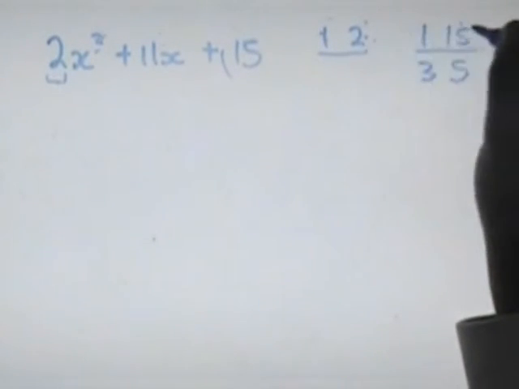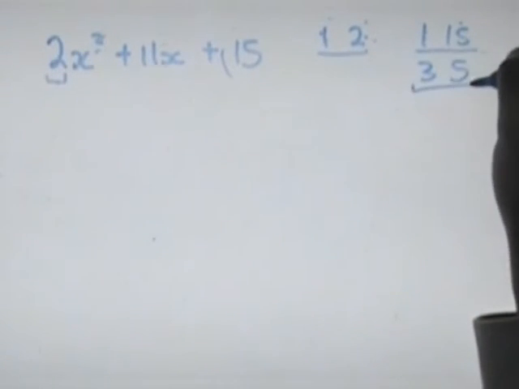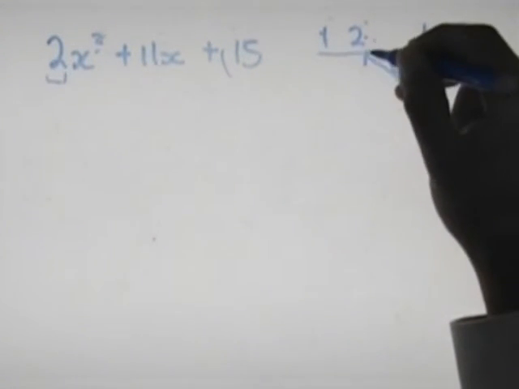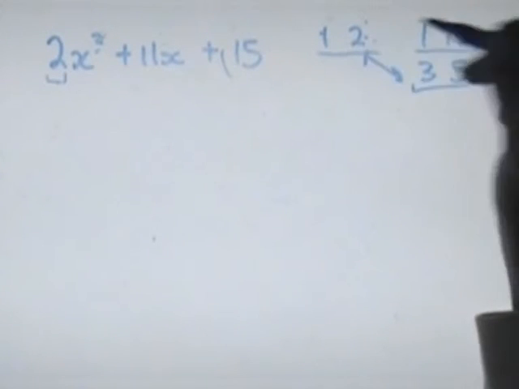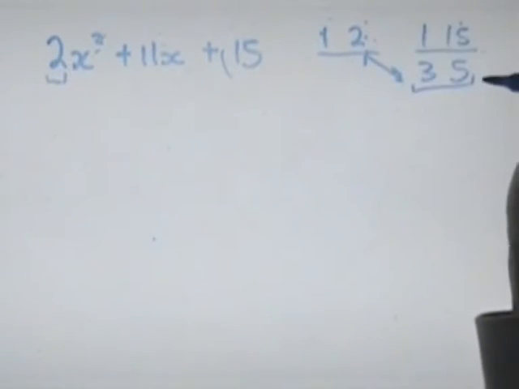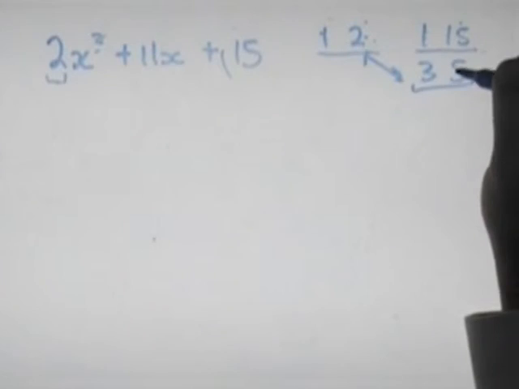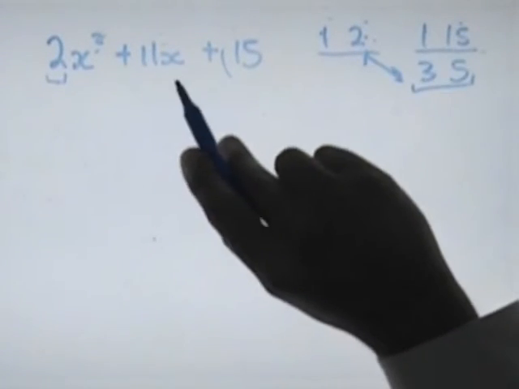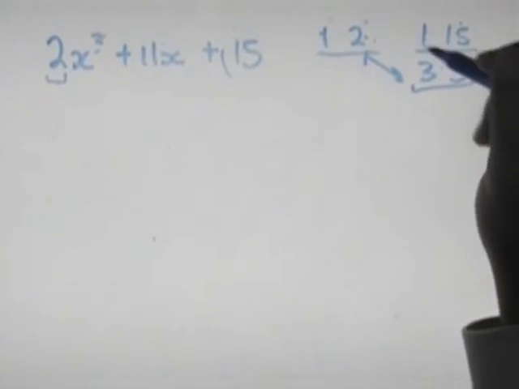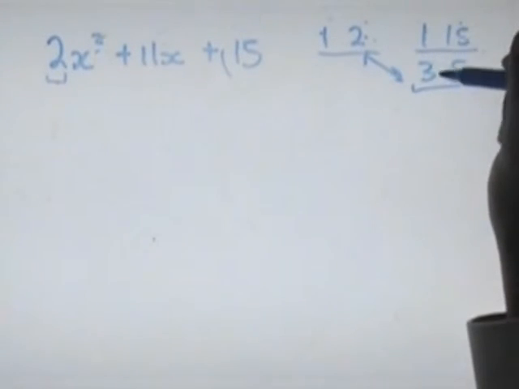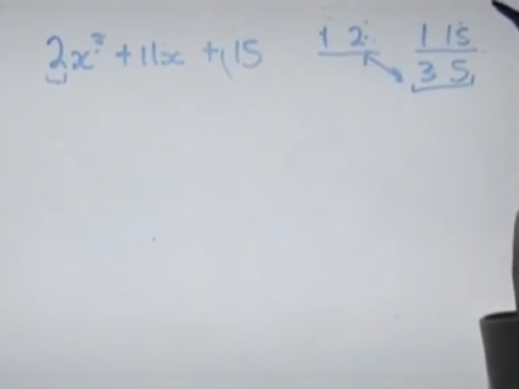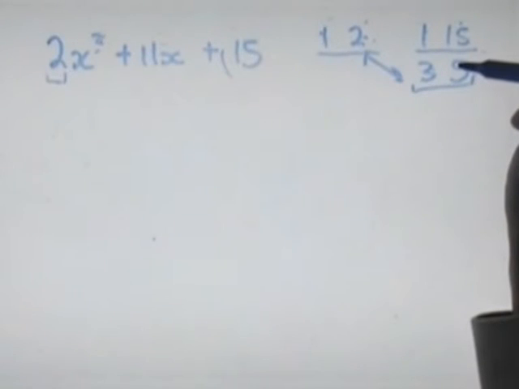So these two can't be used in combination. That means that we are going to have to use these two. 3 times 1 is 3, 5 times 2 is 10, 10 plus 3 is going to take us to 13, so that won't work.